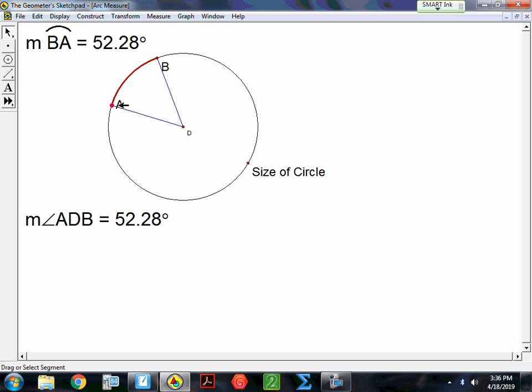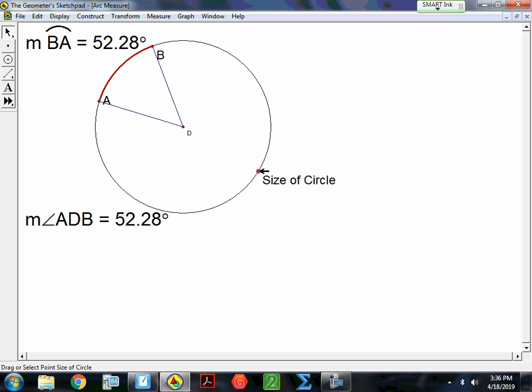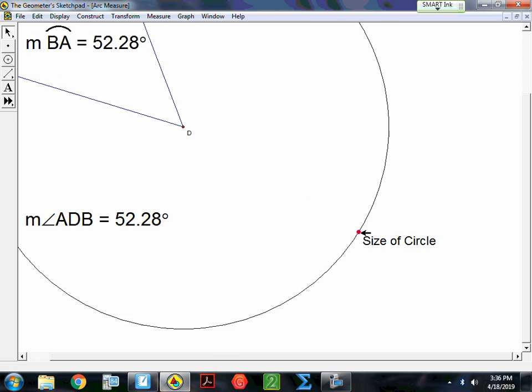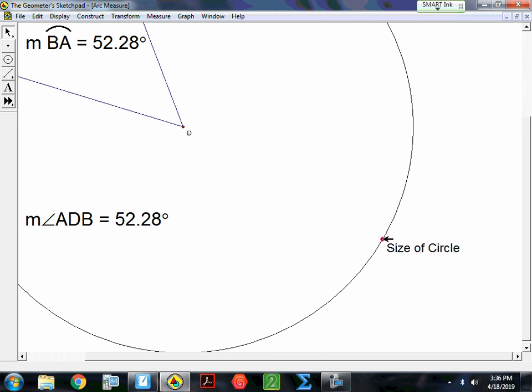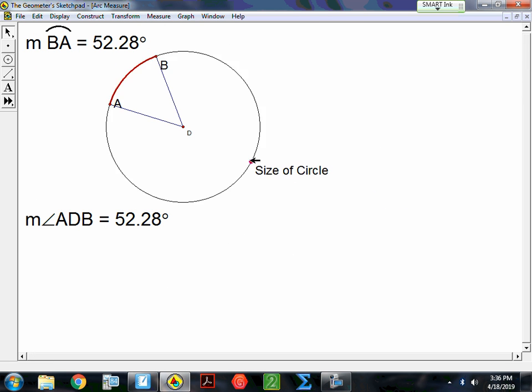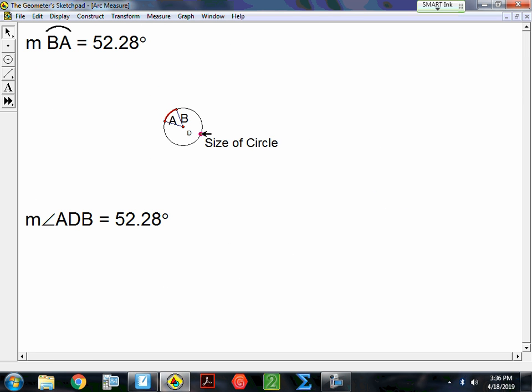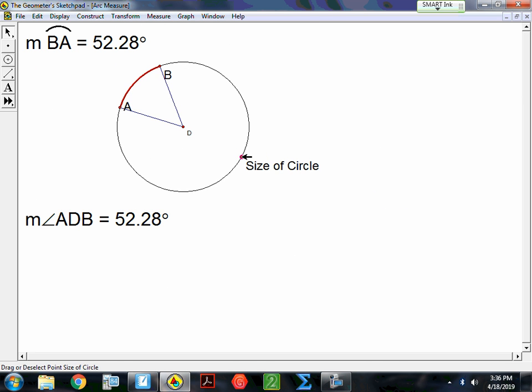If I have 52.28, my angle measure is also 52.28, and the size of the circle does not change that. I have a very large circle, you can't even see it on your screen, but my angle measure didn't change. Very small circle, the angle measure didn't change. So the measure of the arc is the same as the measure of its central angle.